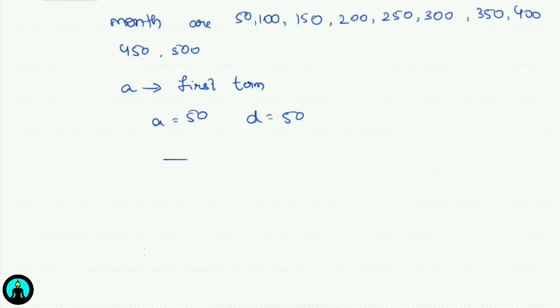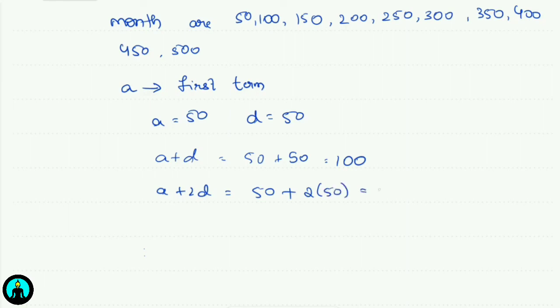So the first term is A, that is equal to 50, and the second term is A plus D, which is 50 plus 50 is equal to 100. Similarly the third term is A plus 2D, which is 50 plus 2 into 50, that is 150. Similarly, A plus 3D is equal to 50 plus 3 into 50, which is 200.